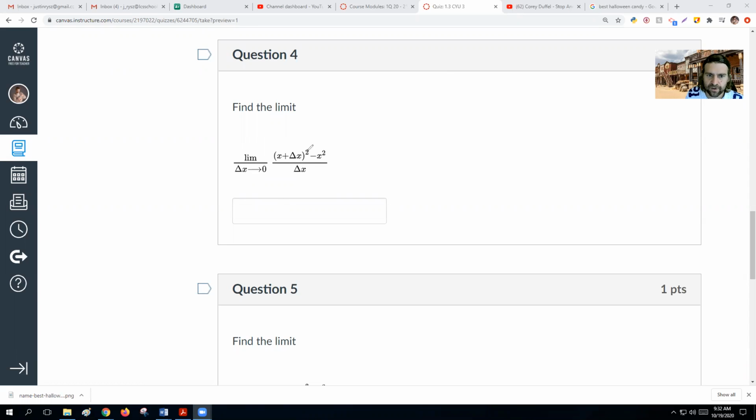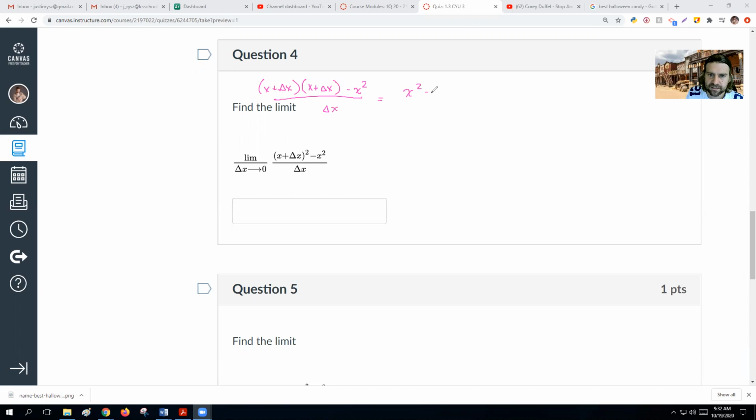So if I was going to square this here, what I would want to do is distribute this, because I can't just plug in 0 for delta x. I'd get a 0 on the bottom. So let's distribute this: x plus delta x times itself. X times x is x squared.